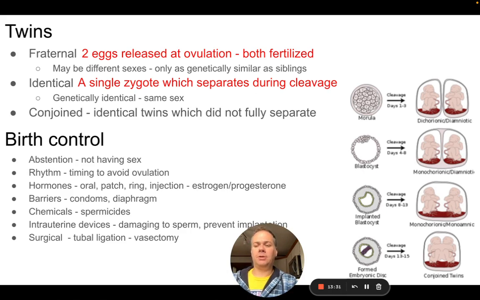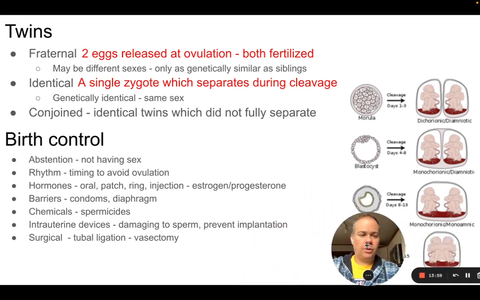And if the two pieces of the embryo don't fully split and stay attached to each other, they may even form conjoined twins in which they share body parts and they may share internal organs and so forth. This is when identical twins split much later in the development, sometimes up to 2 weeks after fertilization, and they don't fully separate.